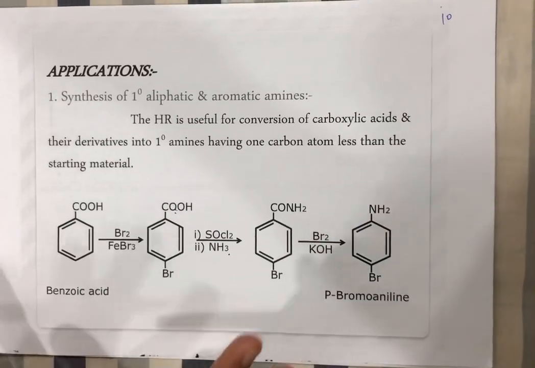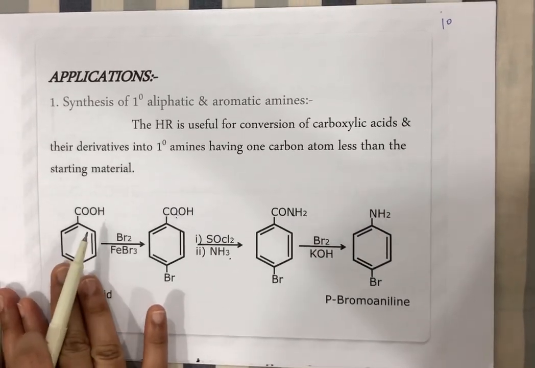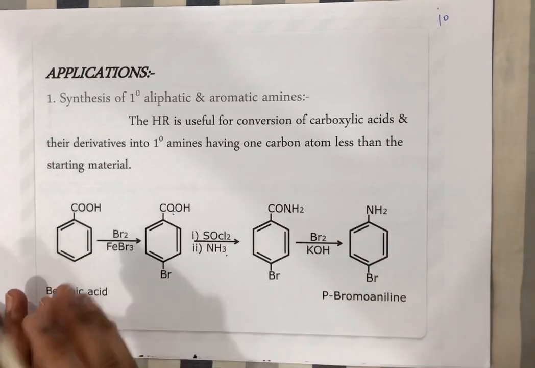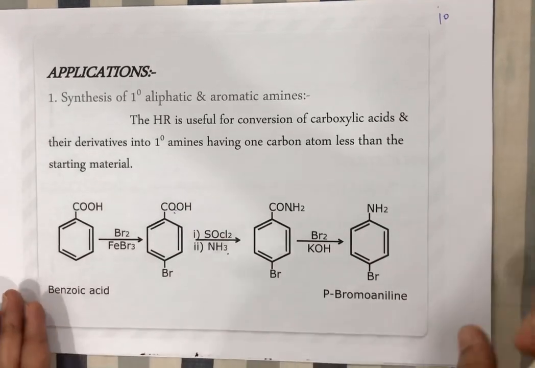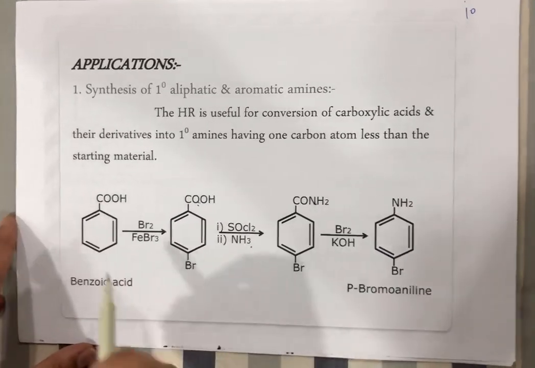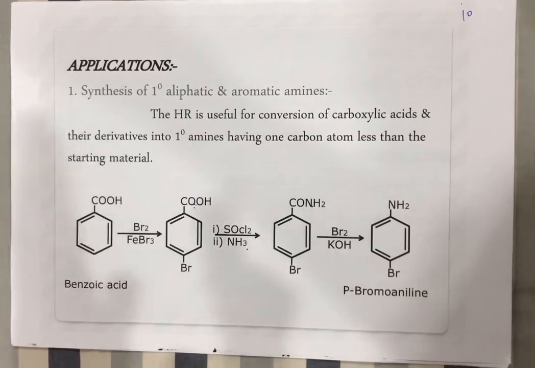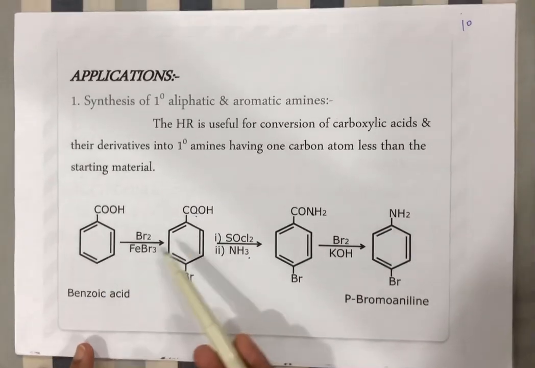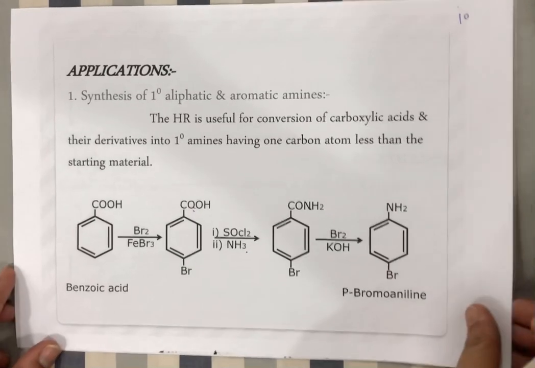So ultimately benzoic acid converts into para-bromoaniline in various steps. Sometimes in the exam they can ask the conversion of benzoic acid into para-bromoaniline. So you have to write these three steps.